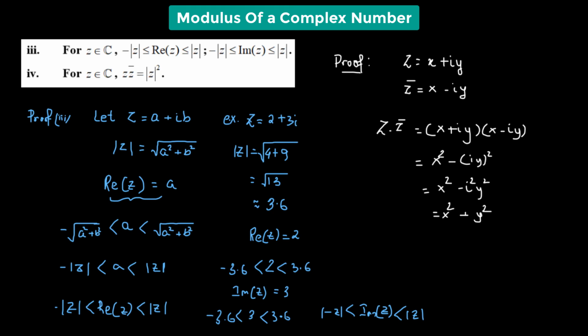Now x squared plus y squared can be written as the square root of x squared plus y squared, whole squared. This was done so that we can substitute the square root of x squared plus y squared by the absolute value of z, as per definition.